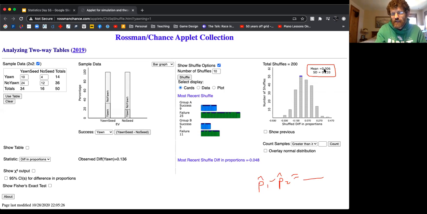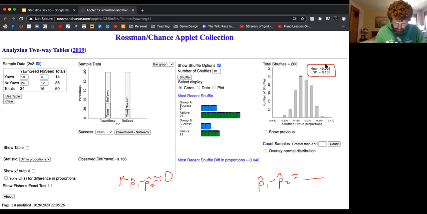So I'm going to say the mean of the difference is approximately 0. Okay, that's all well and good. We'll just pretend that it hovers somewhere around 0.